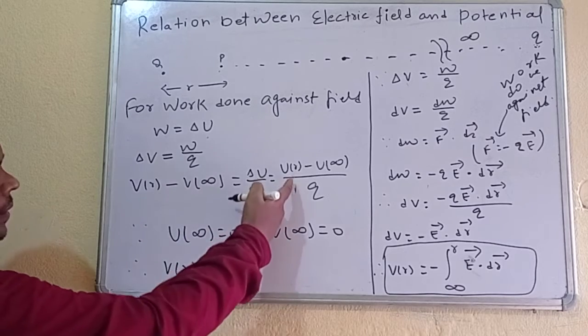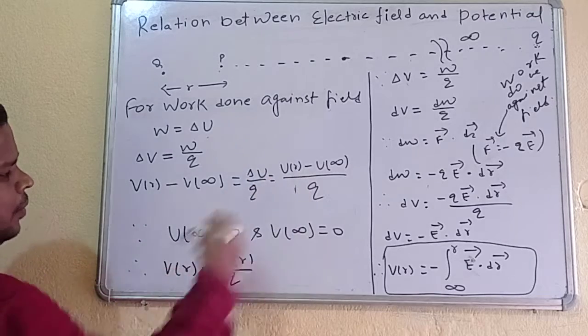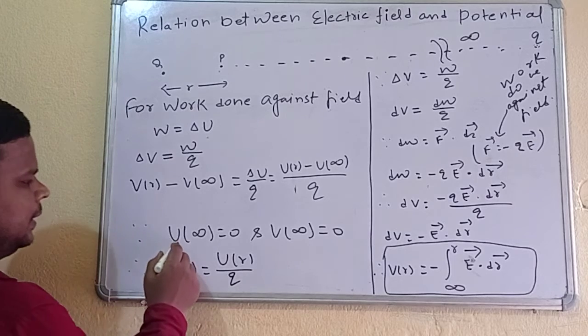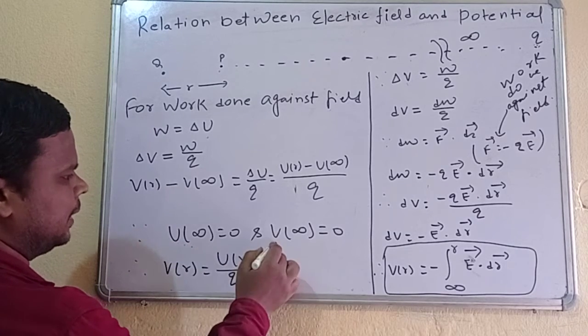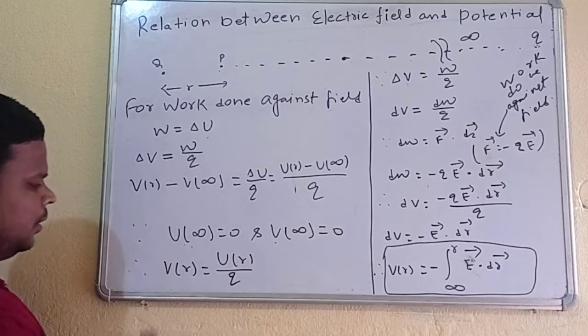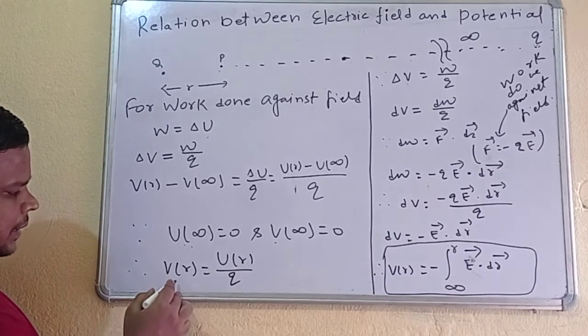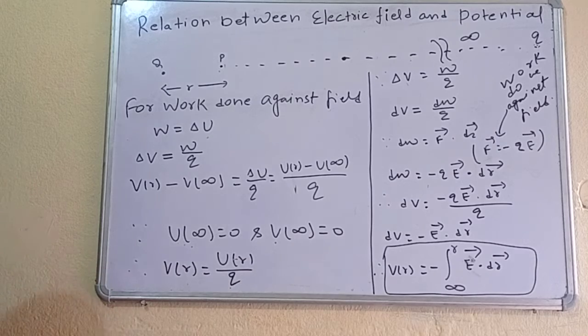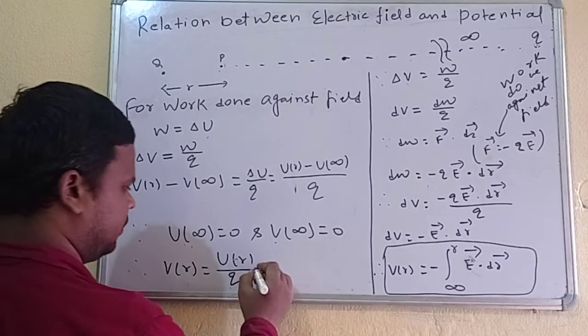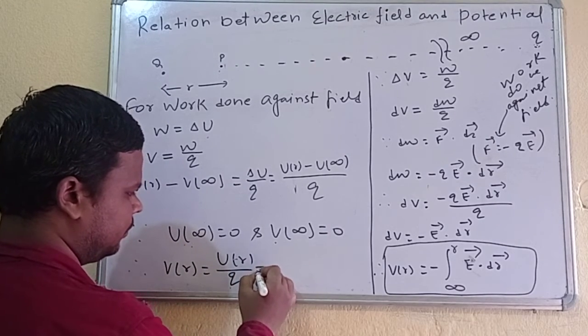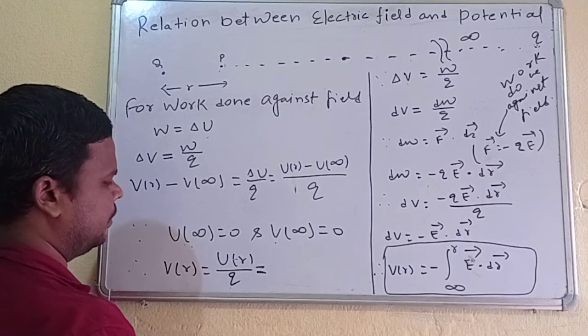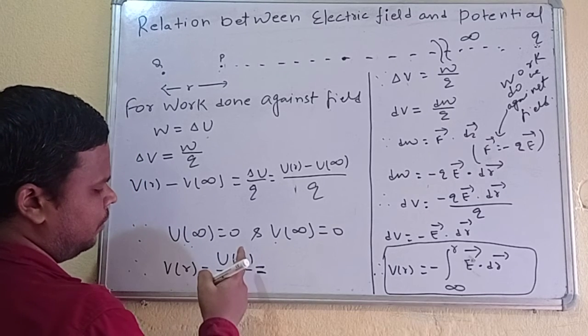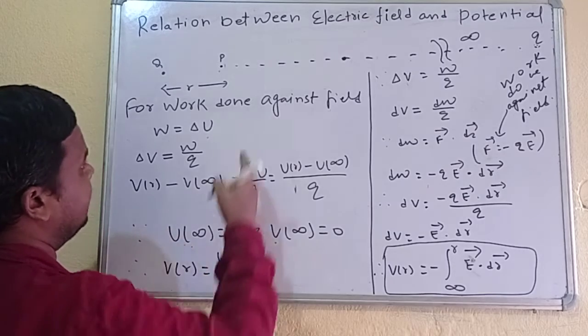We know that the potential energy, or the potential, at infinity becomes zero. So one can write the electric potential at this point, V_R equals U_R by q. So one can derive the expression when you bring this charge q here.